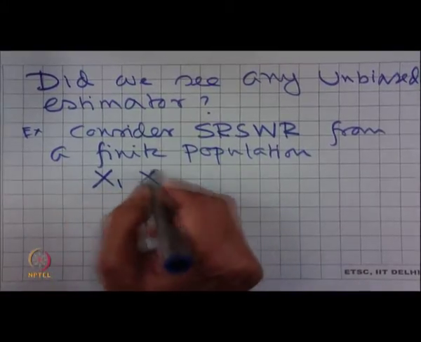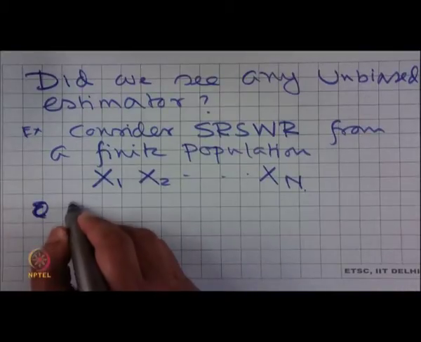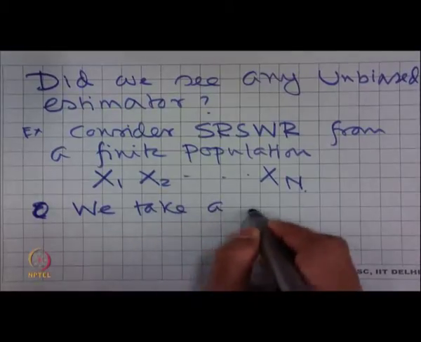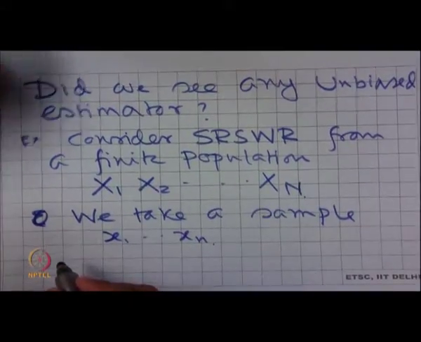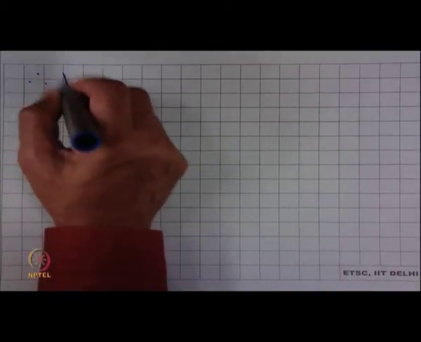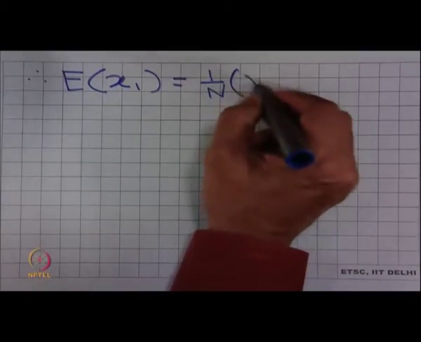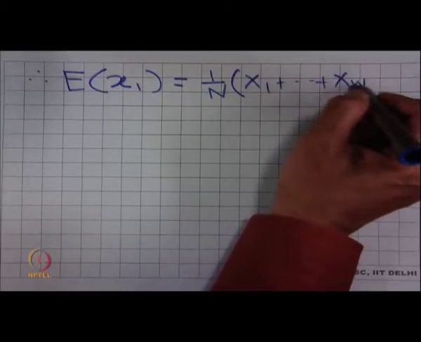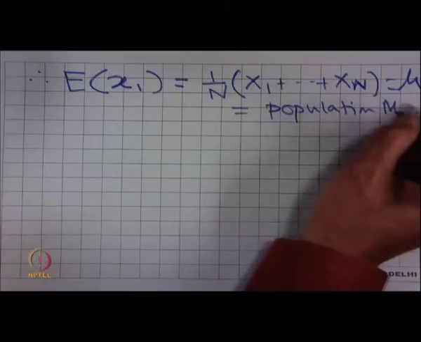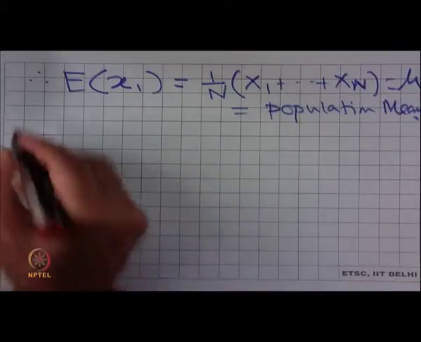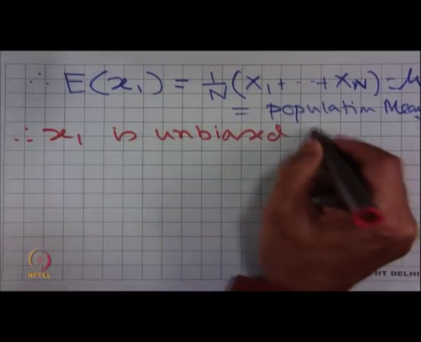We take a sample x1, x2, ..., xn. Therefore, the expected value of x1 is equal to 1/N (X1 + ... + XN), which is equal to mu, the population mean. Therefore, x1 is unbiased for mu.